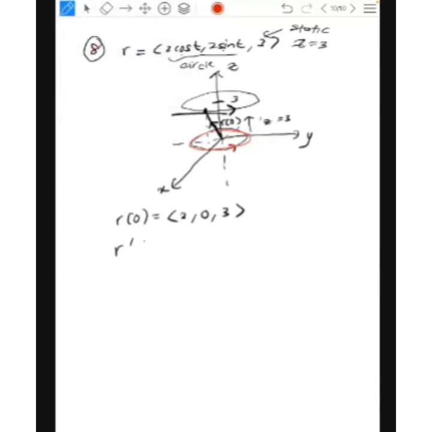Before R prime 0, let's find R prime t basically. So negative 2 sine t, and then sine becomes cos, and then differentiating 3 gives 0. And then R prime 0 will be 0, cos 0 is 1, so 2, 0. So basically it goes this way, y-axis positive.